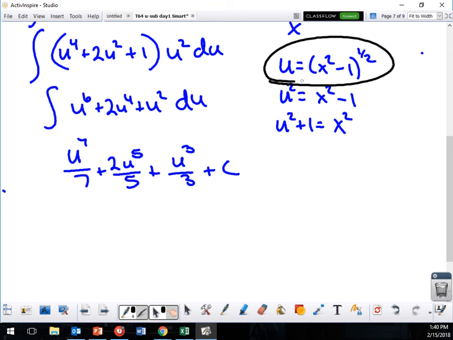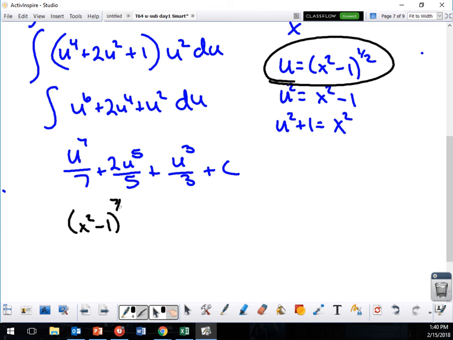But remember, the root is the bottom of the denominator, and the top is your power. So I'm going to rewrite this as x squared minus 1 to the what power? 7 halves.